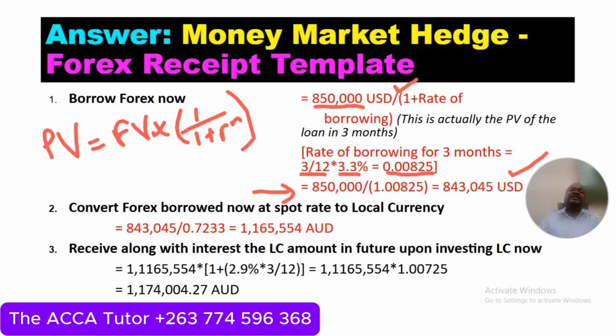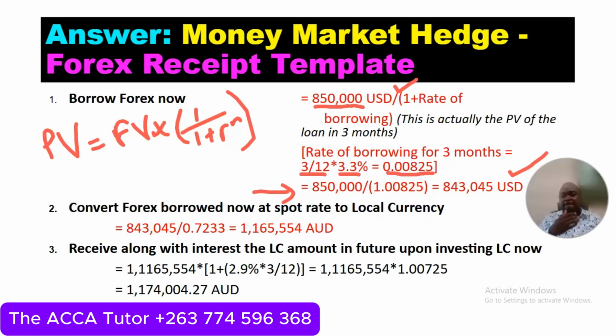So we are going to receive this amount after 3 months. In financial terms, that would be worth 843.045 US dollars. That's the time value of money. Now we have borrowed that amount.